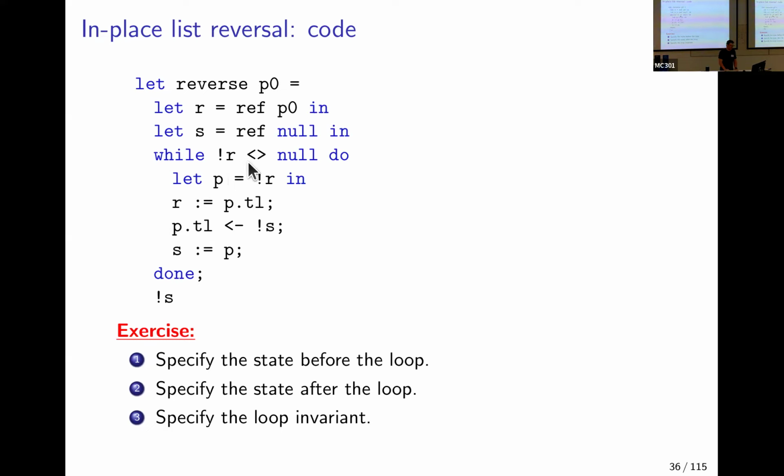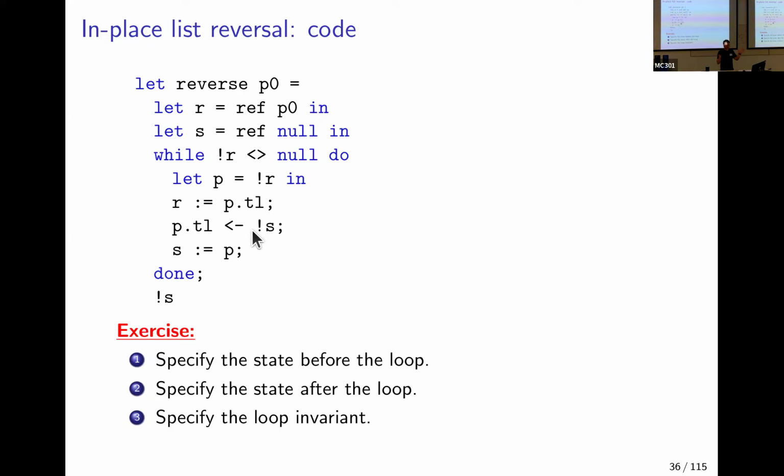The body of the loop takes the cell that is stored at R, moves it up 1 step, takes the p.tl, and then the p.tl is replaced with the value pointed to by s, and then s stores this new cell.